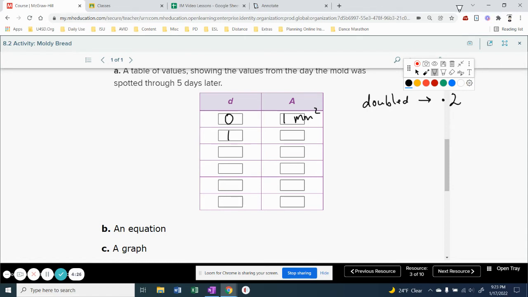So we're going to multiply each of our areas by 2. So 1 times 2 is 2 square millimeters. Day 2, we double that again. 2 times 2 is 4. The third day, double this again to get 8. And our fourth day is 16 square millimeters. Is that what you got?